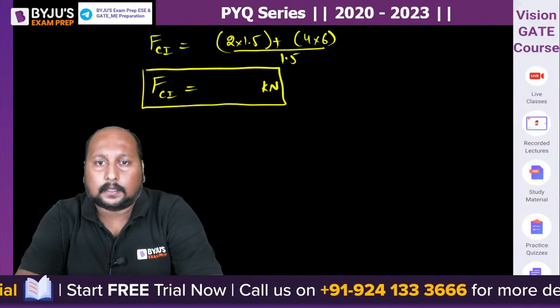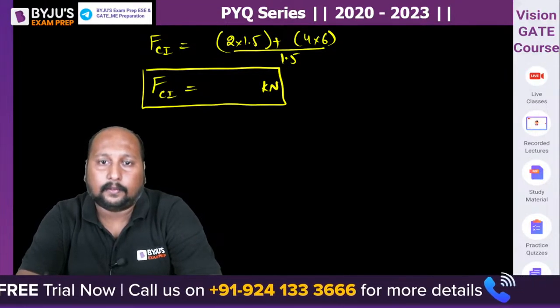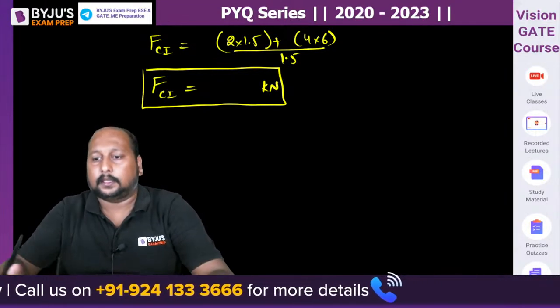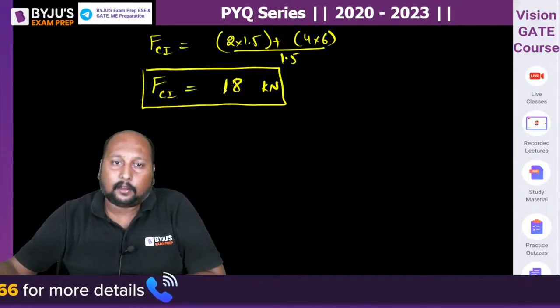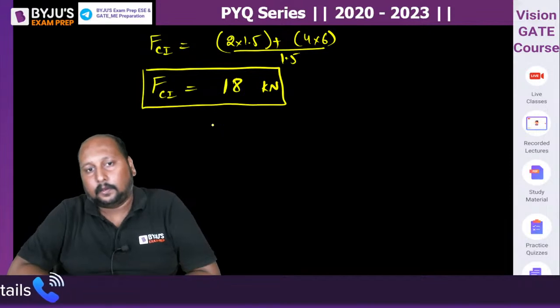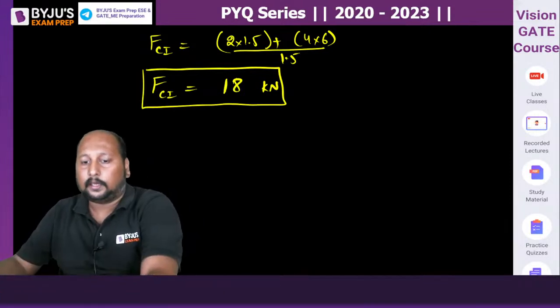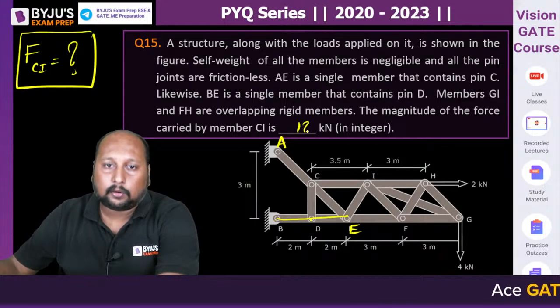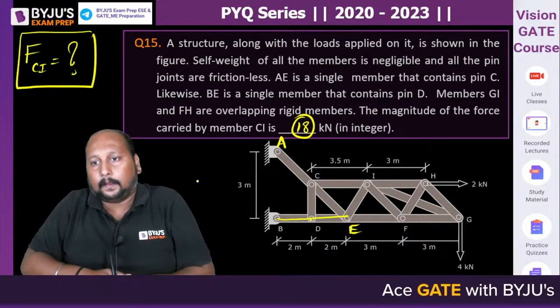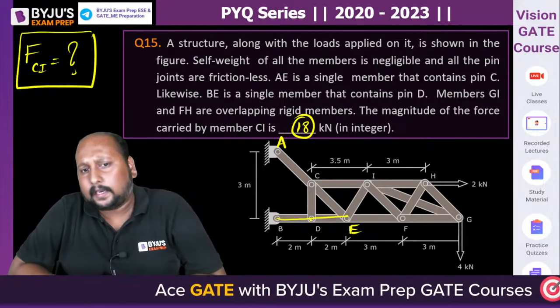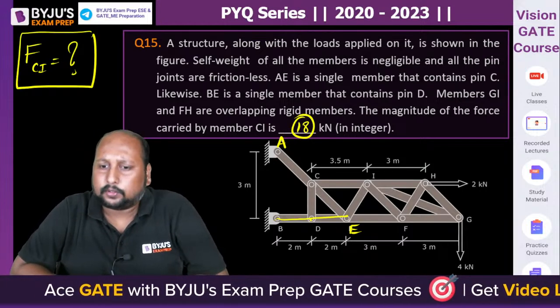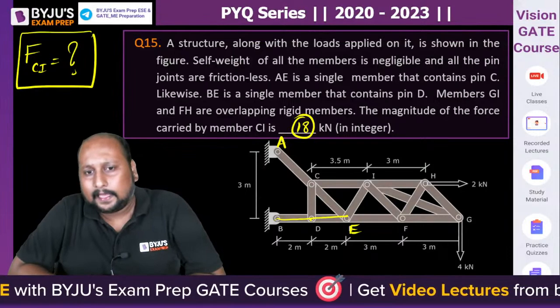So 3 plus 24 divided by 1.5. This is coming out to be 18 kilonewton. Yes, 18. Very good, Ashay. So I think 18 kilonewton is the correct answer. All right, 18 kilonewton is the final correct answer to this question. Done. Can we go to the next one?